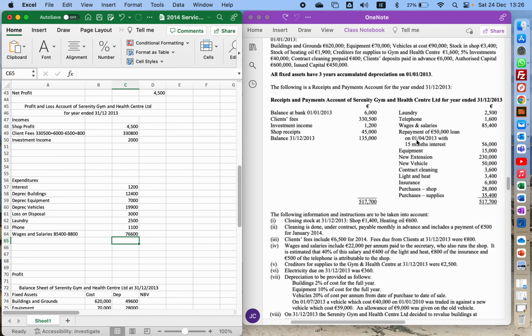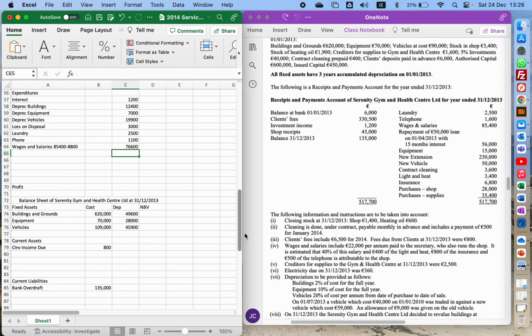Repayment of loan interest, I've dealt with that. Equipment, that's going to be in the balance sheet. So I see that I've already made a mistake there with my balance sheet number, so I'm going to go back and fix that number now.